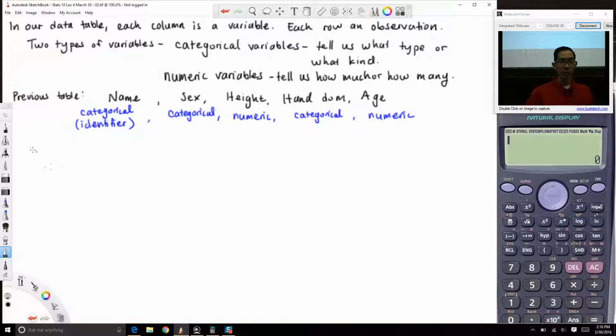Okay. So if age is recorded as, you know, the number of years of someone's age, then it's a numeric variable.